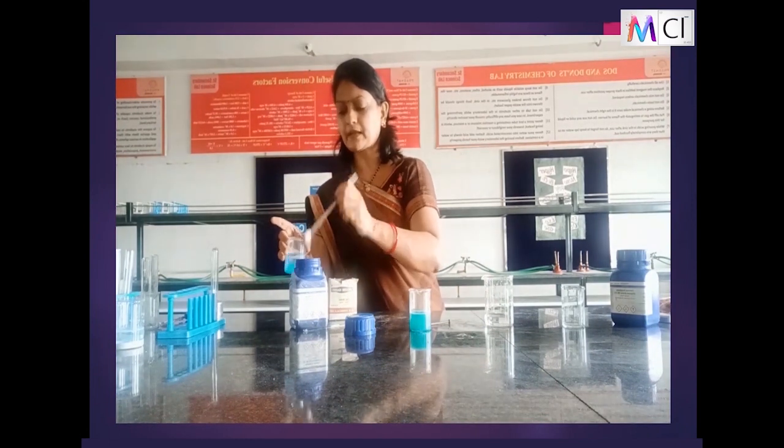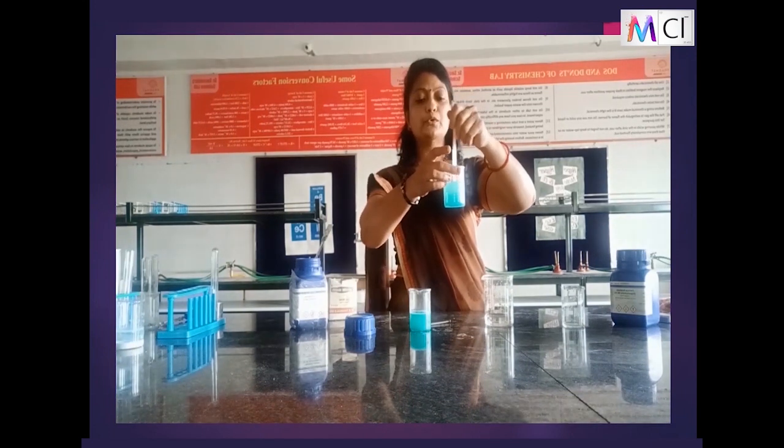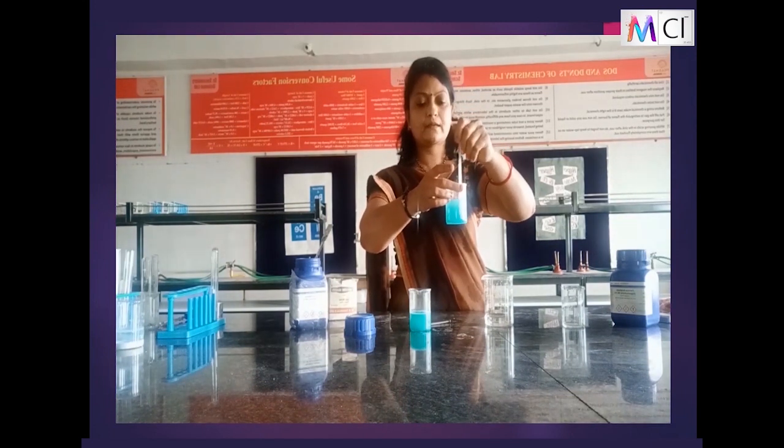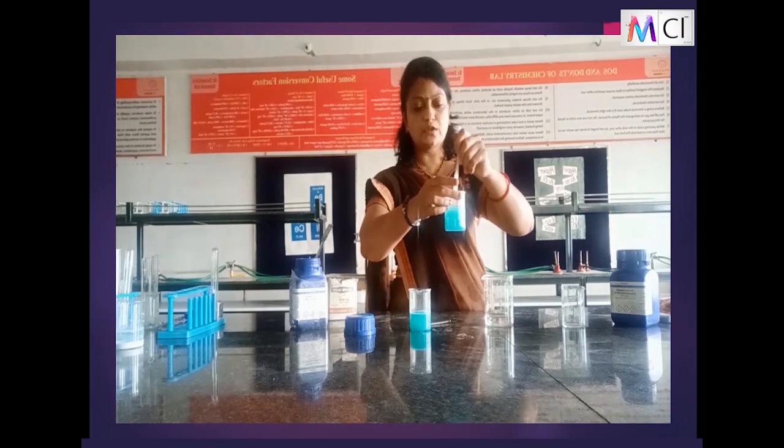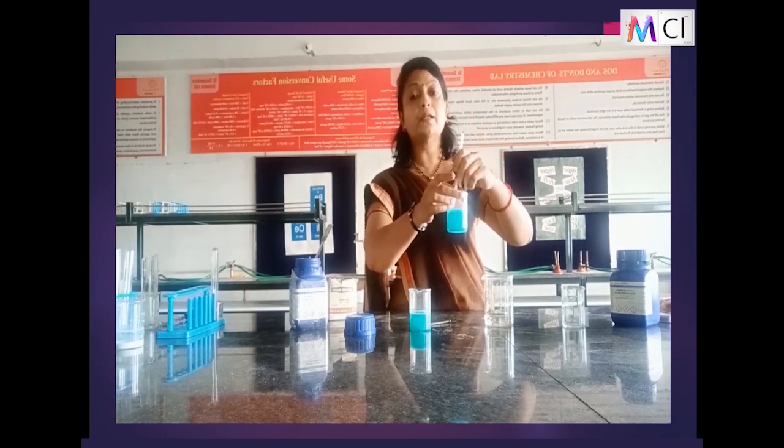So I'll again make a solution of copper sulfate. Observe, a beautiful blue color salt. I just mix it and dissolve the complete copper sulfate in it, in this manner, with the help of the glass rod, children.